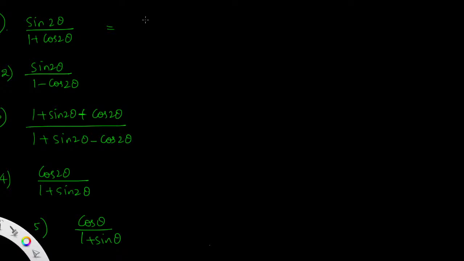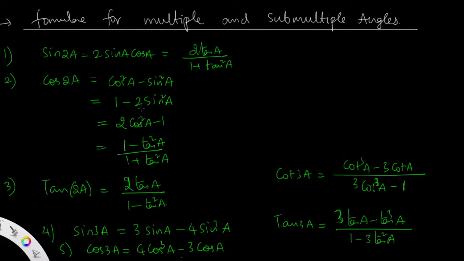So first one is sin 2 theta, Nana, that is the 2 sin theta cos theta formula, divided by 1 plus cos 2 theta, which is obviously 2 cos square theta. Why? Because we can write 1 plus cos 2a equal to 2 cos square a, as well as 1 minus cos 2a is equal to 2 sin square a.